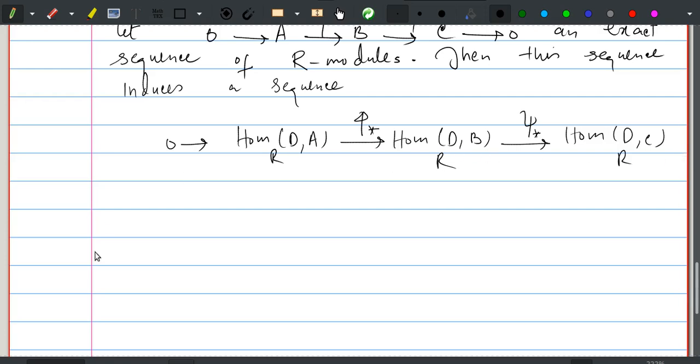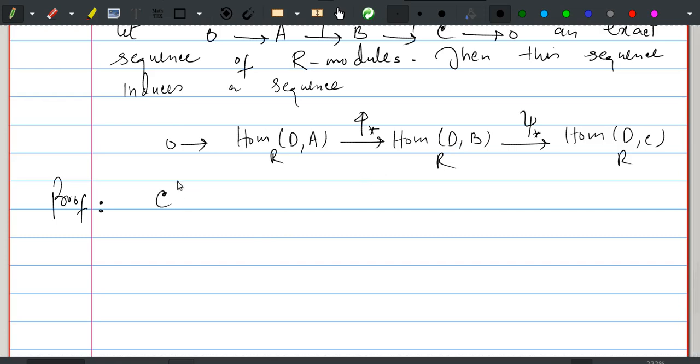That is what we have to prove. So first of all, we have to prove it is exact here. That is the same as proving kernel of phi star is singleton, i.e. that phi star is injective.